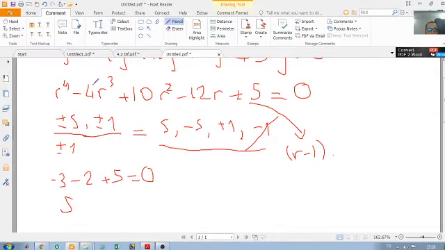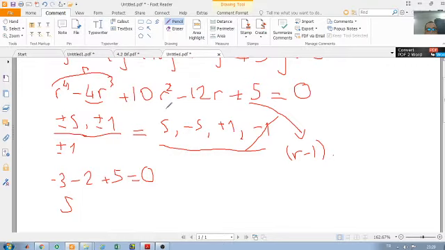The second term is less than 5 to the power 4, therefore for the first 2 terms we get a positive number.